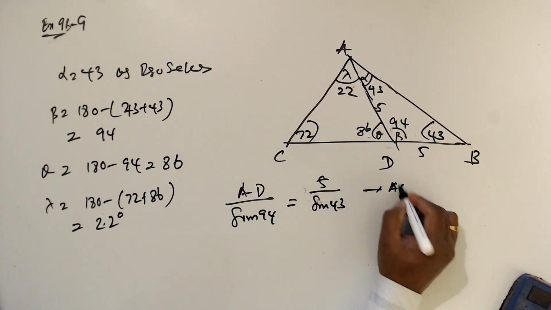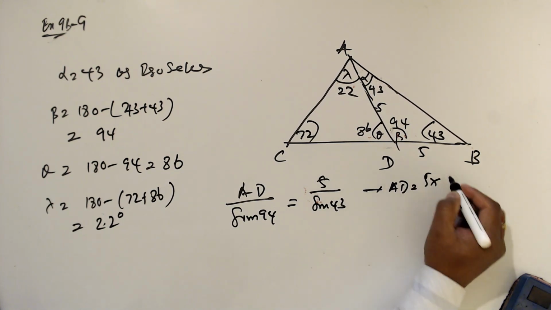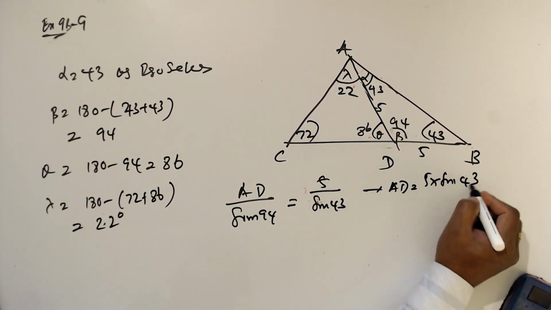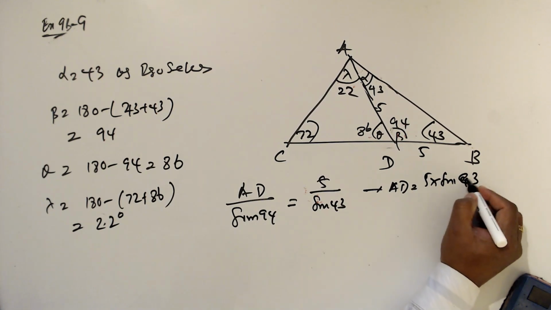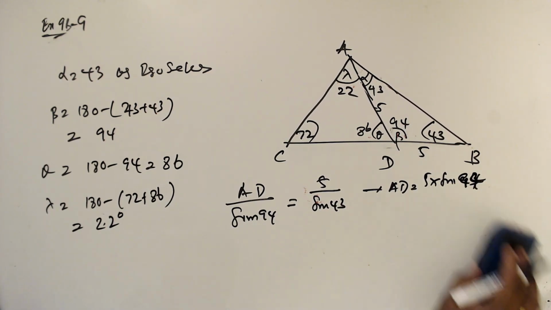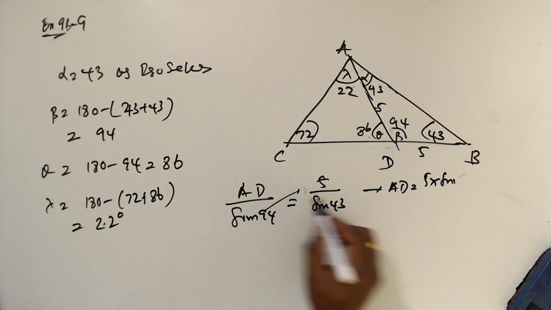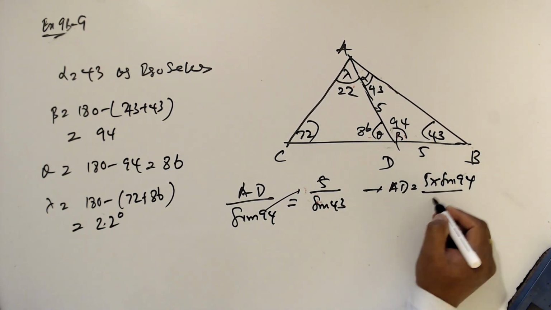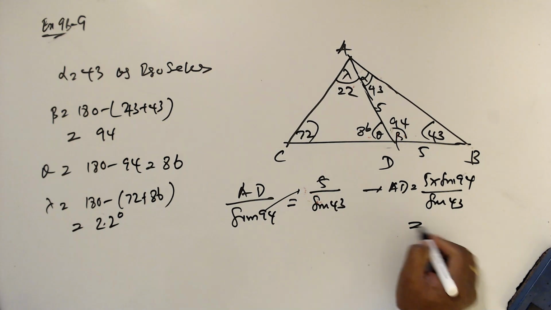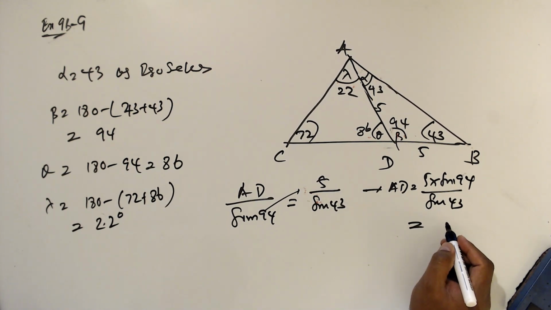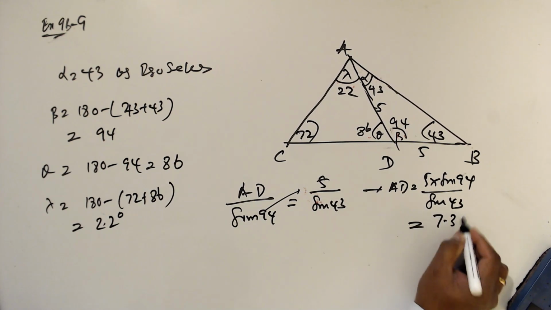So AD equals 5 times sine 94 over sine 43, cross multiplying, which is 7.31.